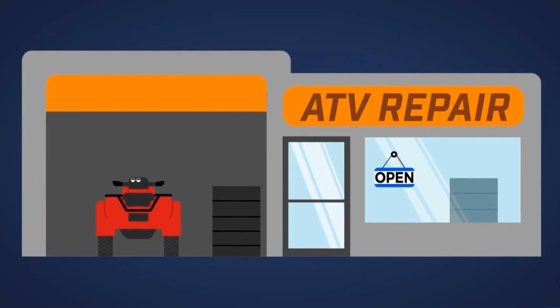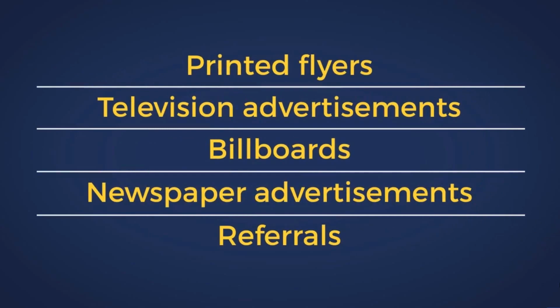Chris's ATV repair shop has grown into a successful business. He's looking to offer several promotions to kickstart the upcoming off-road season. Of the following, which communication will reach the largest number of potential customers? Though Chris has been successful, referrals will be limited in the number of people they will reach.